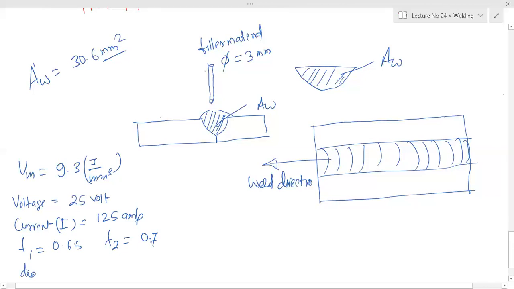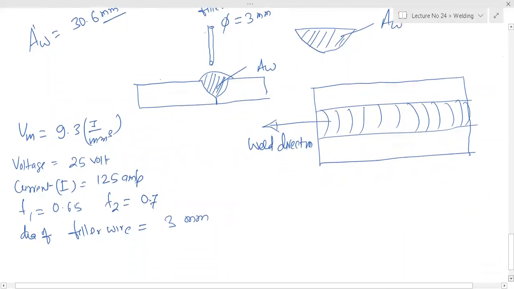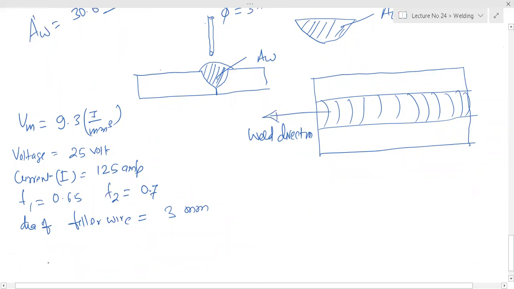Diameter of the filler wire is given to you, that is 3 mm, very small. Then first you have to calculate the cross-sectional area of the weld bead, that means AW is equal to what?